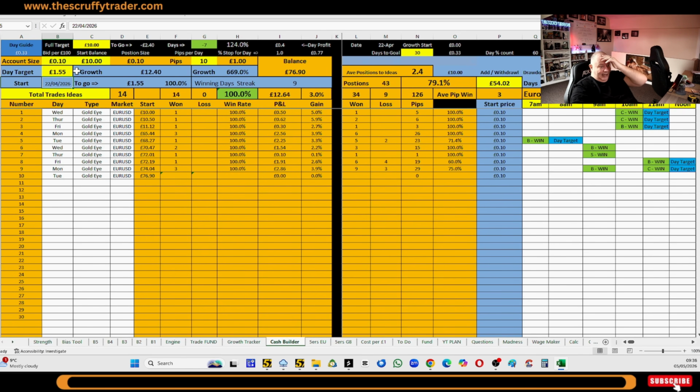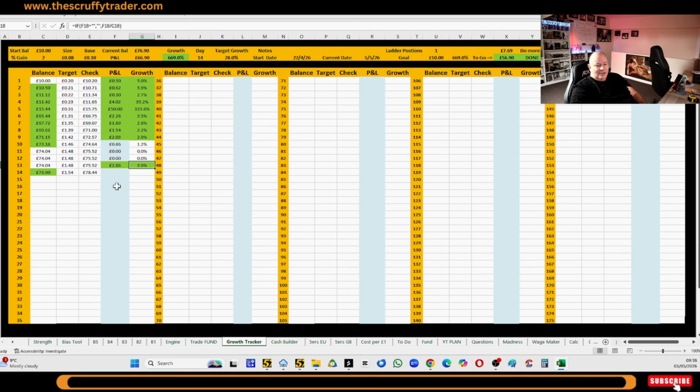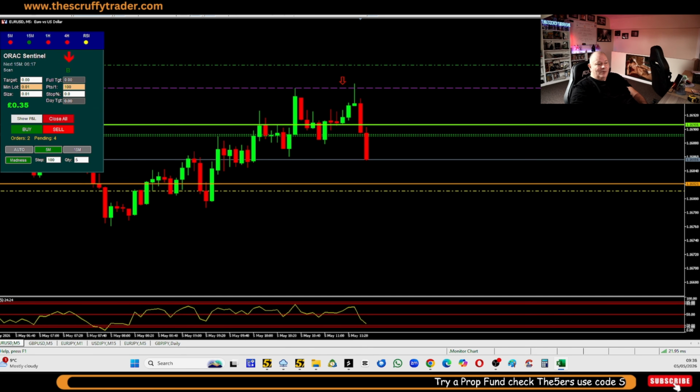So you start with a tenner and you just chip away at it over and over. Now I'm looking for roughly about 10 pips a day. So that's about £1 a day. I've targeted 155 for today, because if I look at this as well, the 2% increase each day is 154, so I round it up. Now, it's just chugging along, and I'm quite happy with it.